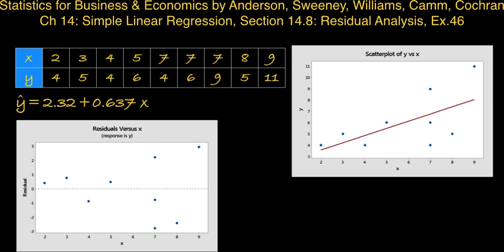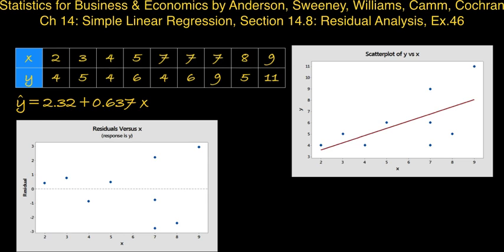As soon as we have strong evidence in the residual plot to doubt even just one of the assumptions, then it's game over, and we shouldn't really use this simple linear regression model. So we don't even need to check the other two assumptions.